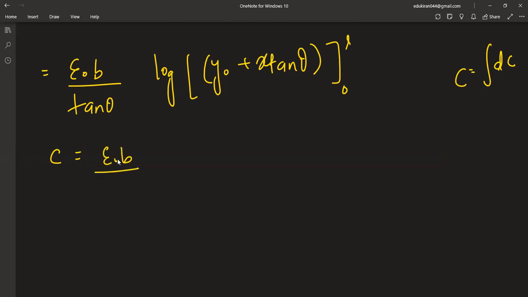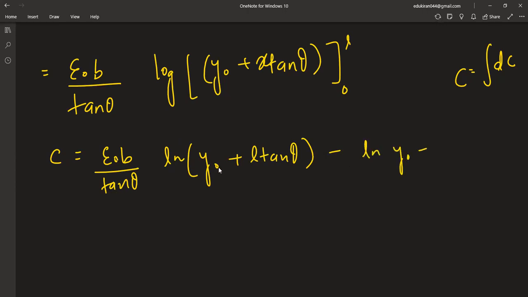Epsilon naught b divided by tan theta, and we'll substitute the values of L. So this is log of y naught plus L tan theta first, minus the value at 0, which becomes 0. Now we just have to solve this further.